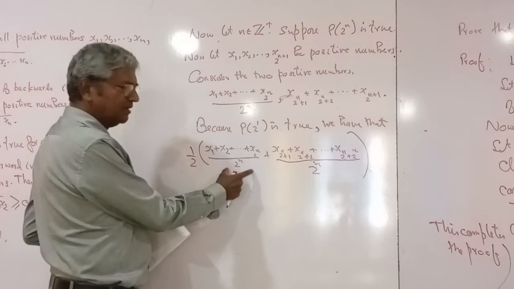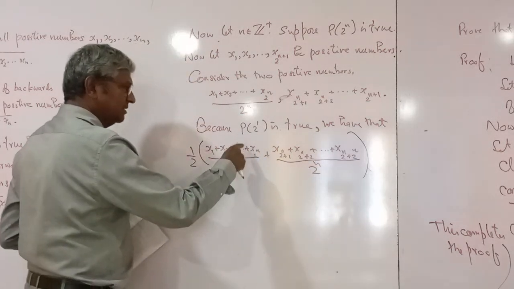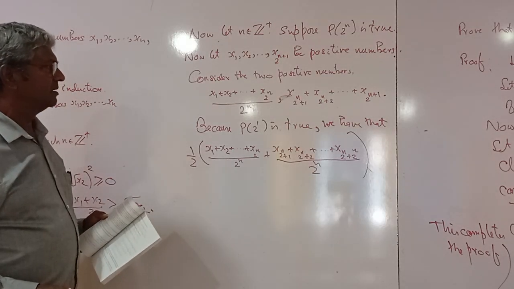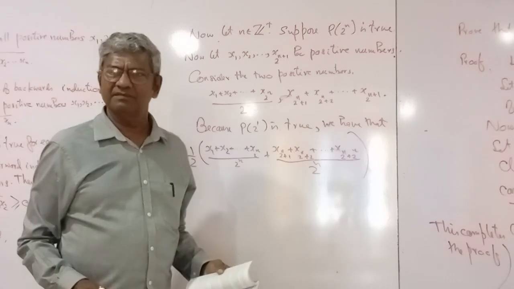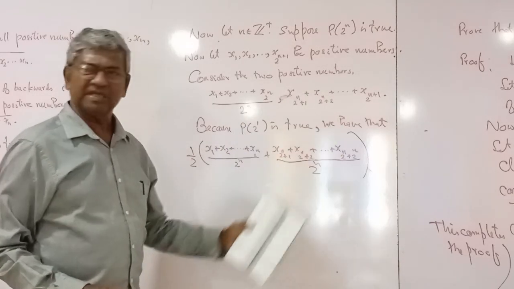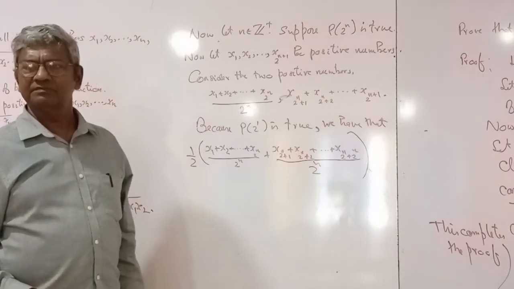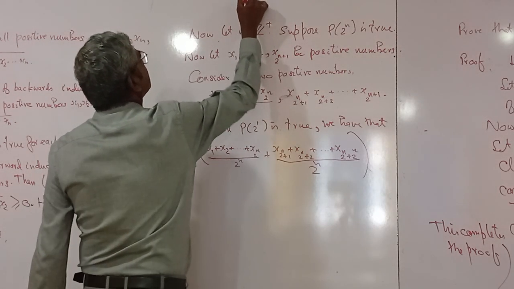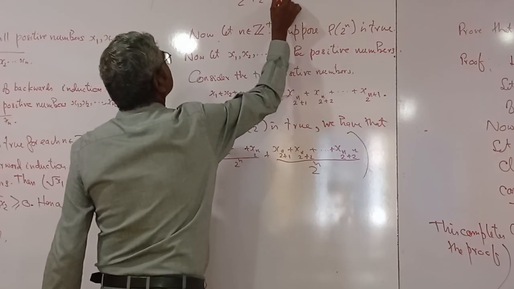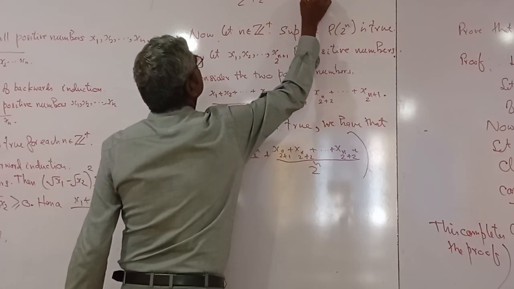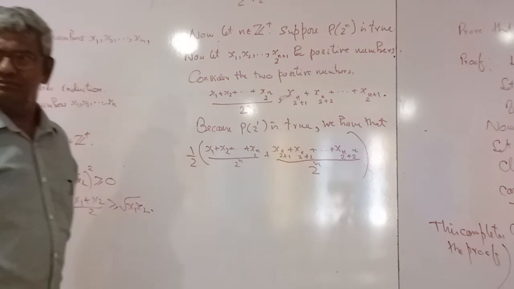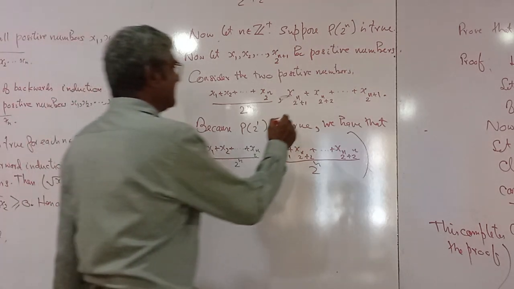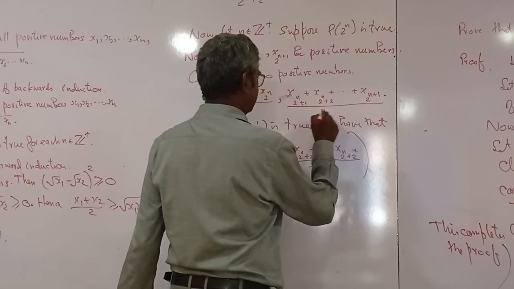This is my first number, this is my second number, A plus B divided by 2. So you should change the second number up there. Same thing, no? 2 to the n plus 1 and 2 to the n plus 2 to the n are the same, since 2 to the n plus 2 to the n is equal to twice 2 to the n.